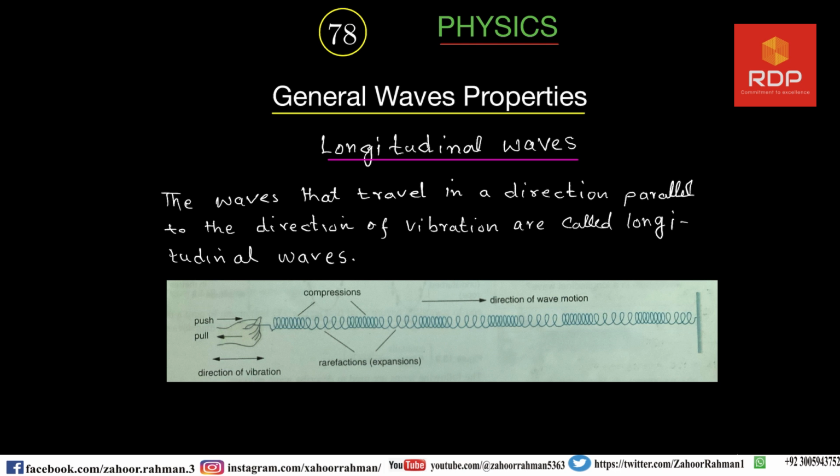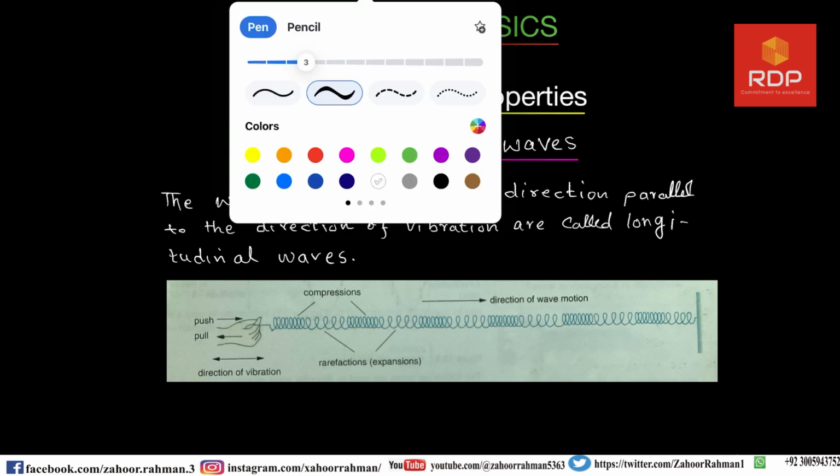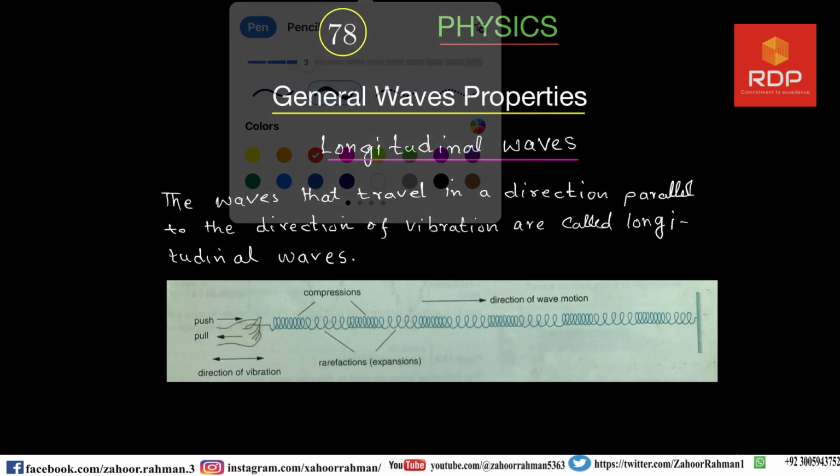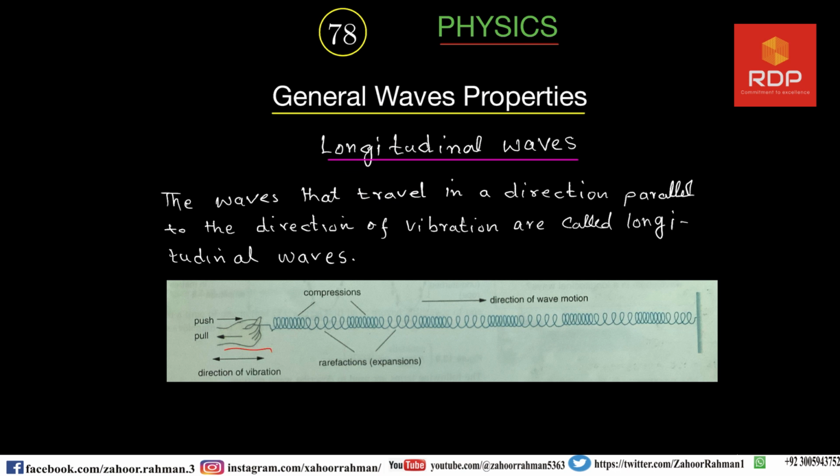Yesterday we were moving the slinky spring to the right and left. Today we will push and pull it. As you can see, the direction of the push and pull is shown here.